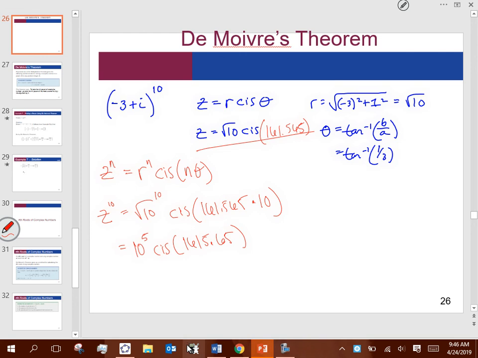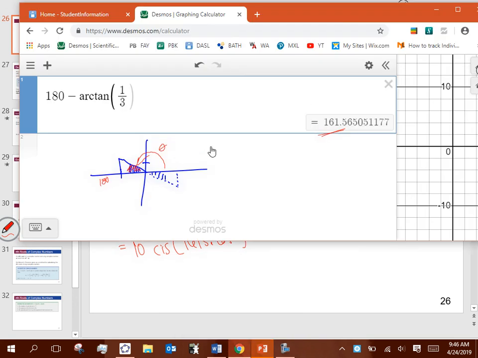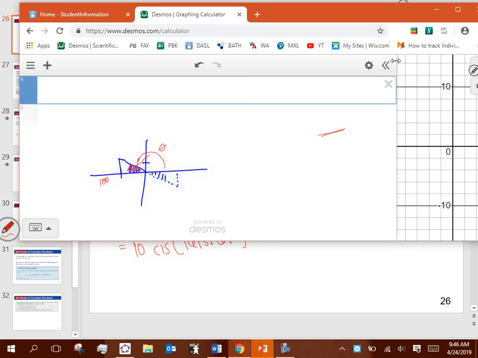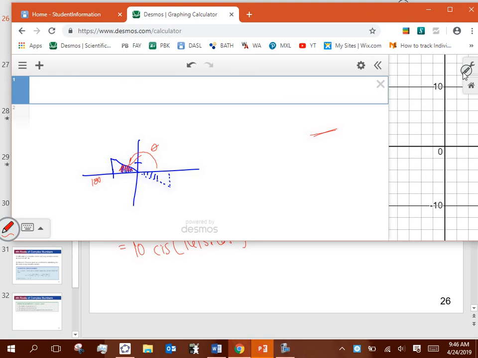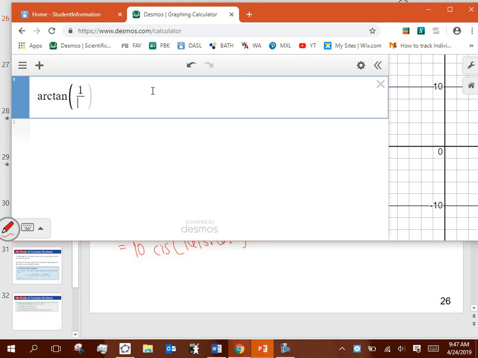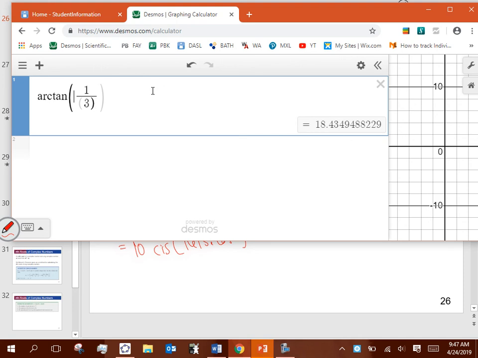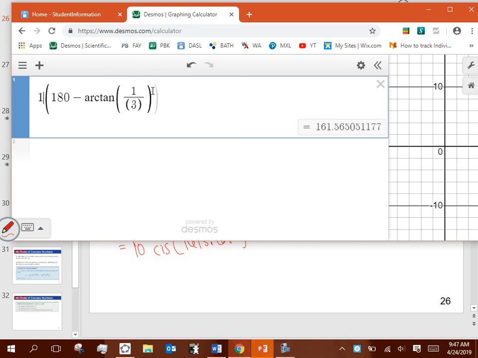Okay. So let's kind of look at this stuff here real quick. Clean this up. We went arctangent of 1/3. We removed that from 180. Gave us that number there, right? We then took that and multiplied it by 10.